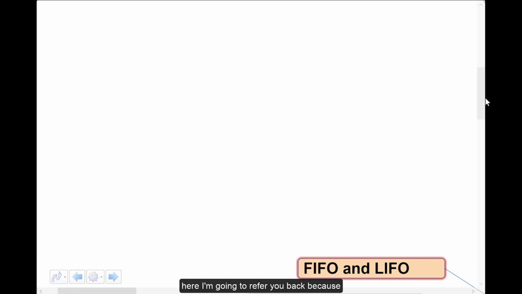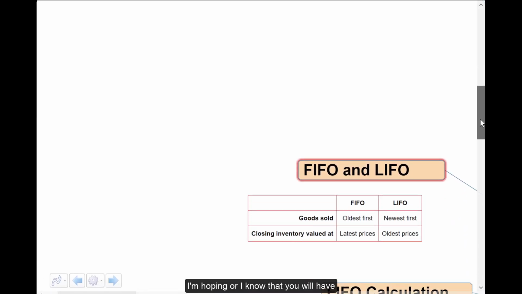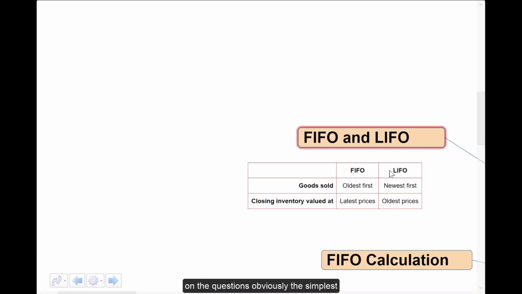Now, in terms of the detail here, I'm going to refer you back because I'm hoping, or I know, that you will have done the questions. Obviously, the simplest of the two, I don't find these areas overly complicated at all. The simplest of the two is probably FIFO and LIFO in a conceptual sense, obviously in terms of oldest and latest.